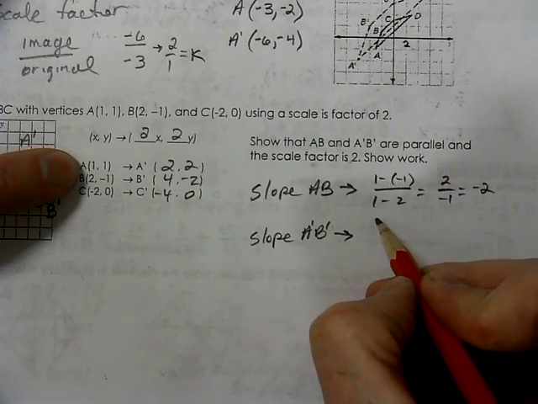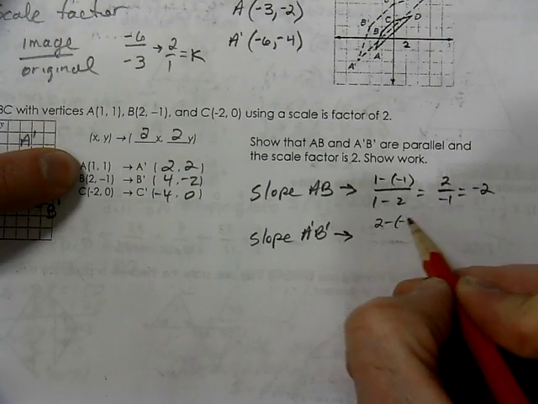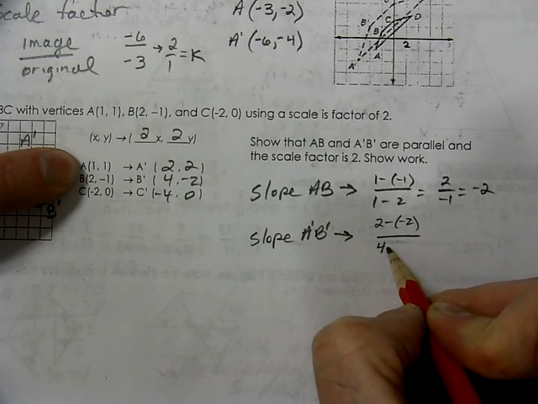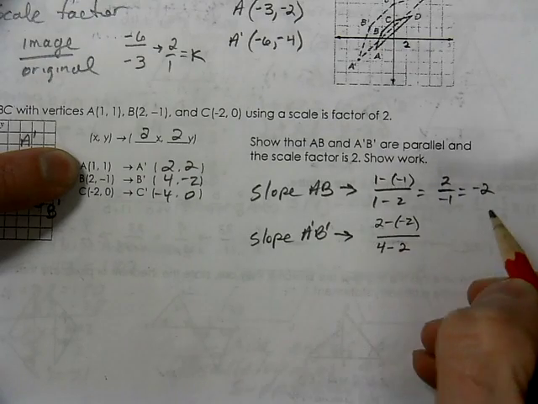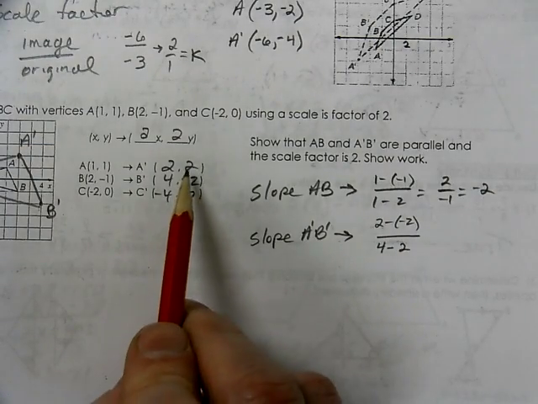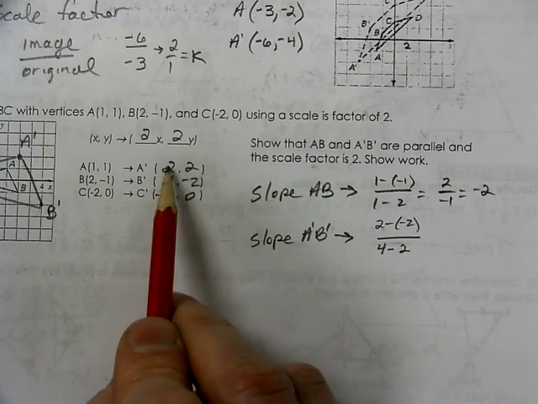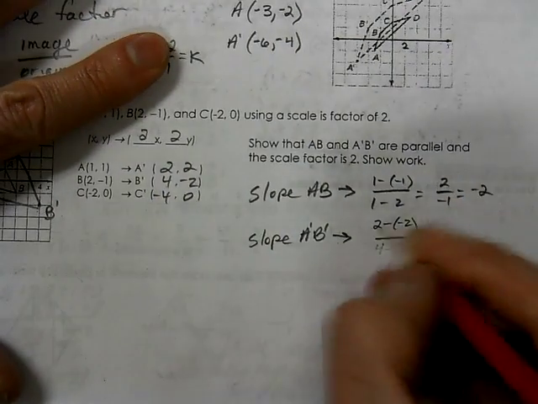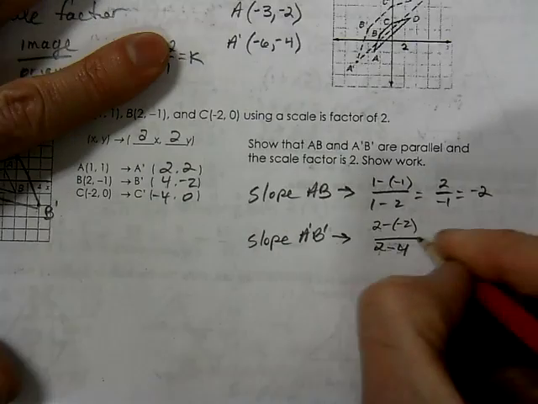So their y values are 2 minus a negative 2 and a 4 minus a 2. Let's see, actually you got to go in the same order. So 2 minus 4.